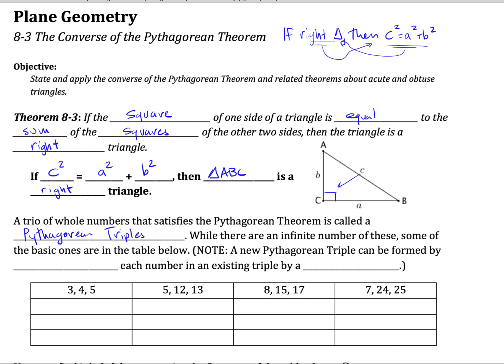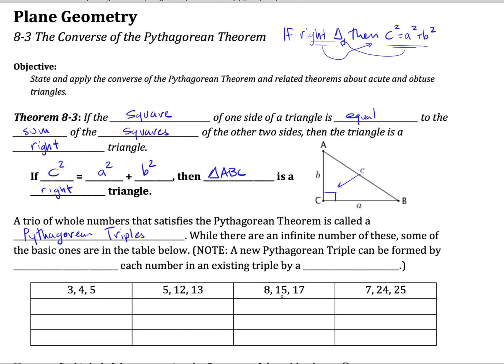There are technically an infinite number of these, but there are a few basic Pythagorean triples that use the smaller numbers. Some of the Pythagorean triples get really, really big. But the smaller Pythagorean triples are some things that you might want to be aware of.